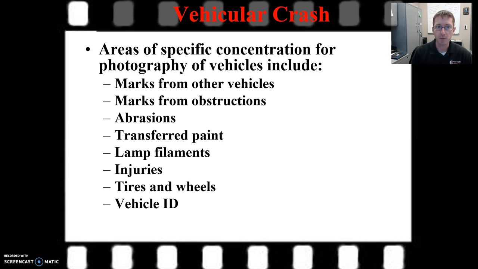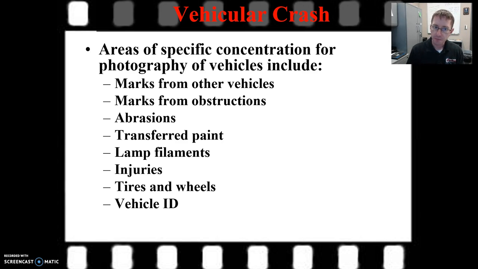this image. So basically when we start talking about crashes, we need to cover everything, the overall, mid-range, close-up, and then we get into the idea of specific vehicle events, marks from one vehicle to the other. So when two vehicles crash and they leave paint transfer, we want to get images of those paint transfers so we can show where the impact points or impact areas could have been.